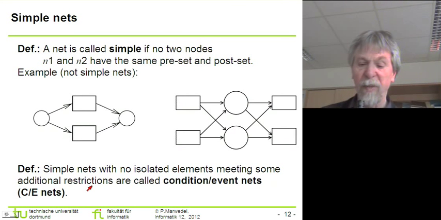And the same goes for conditions. We require that conditions are sometimes met and sometimes they are not met. If we had conditions that would be always met or would never be met, it would not make too much sense to include them in our model. So this means that we now should really have a good impression of what we mean when we talk about the condition event nets.